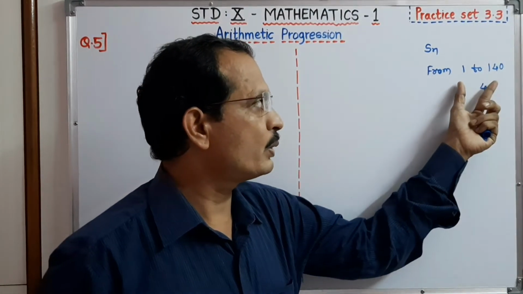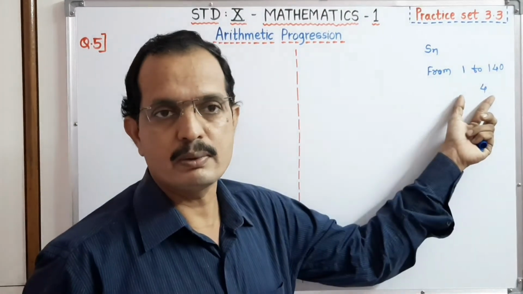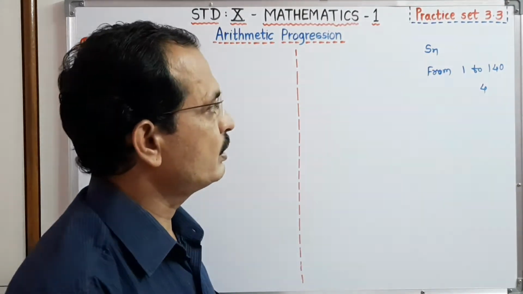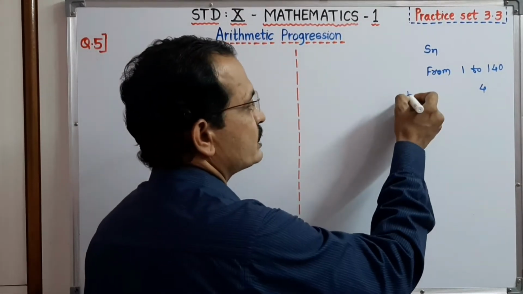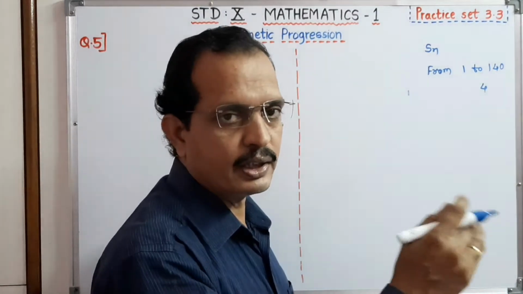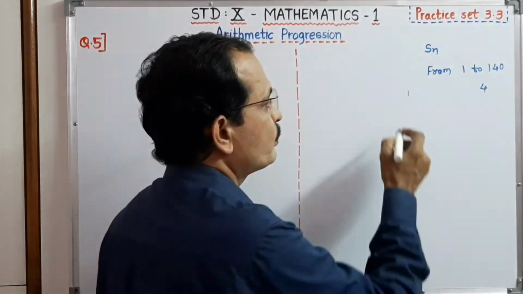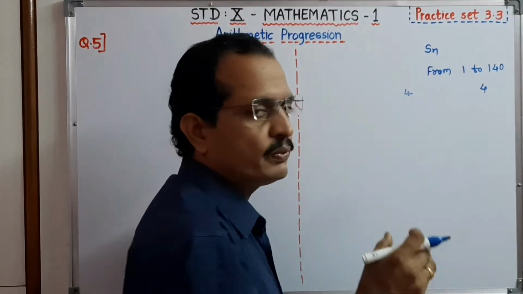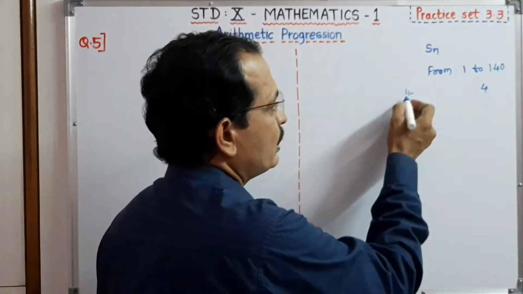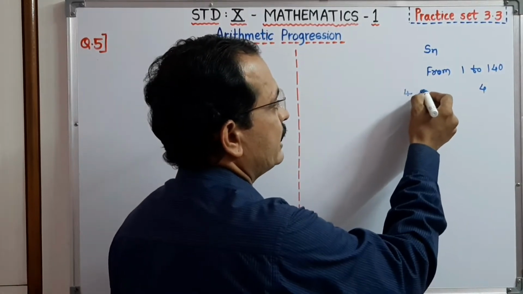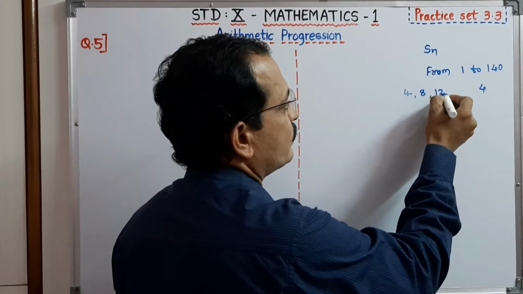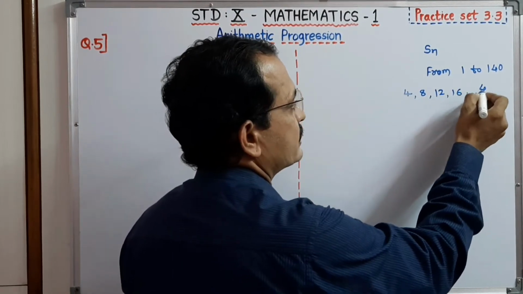From this we have to take out the numbers which are divisible by 4. 1 is not divisible by 4. The next number which is divisible by 4 is 4. That means the first number in that AP will be 4. Then it is 8, then 12, 16, like this.